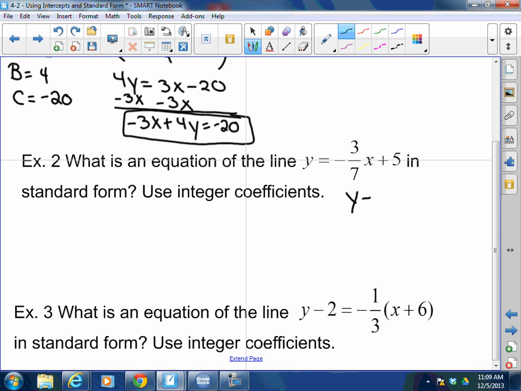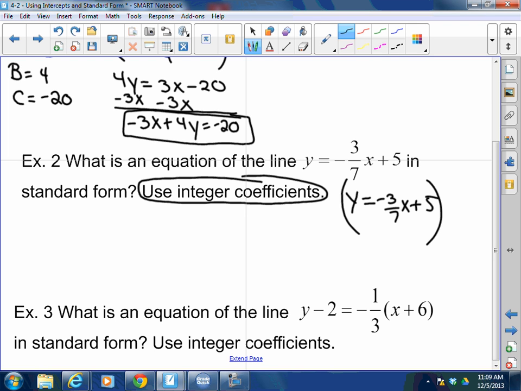Okay, what's the first thing you think you should do, since according to my directions, I want you to use integer coefficients. I need to get rid of that fraction. Excellent, son. How do I do that, my man? Multiply by the LCD. What's the LCD here in this case? 7. Very good. So you're going to distribute. 7 times y equals 7y.